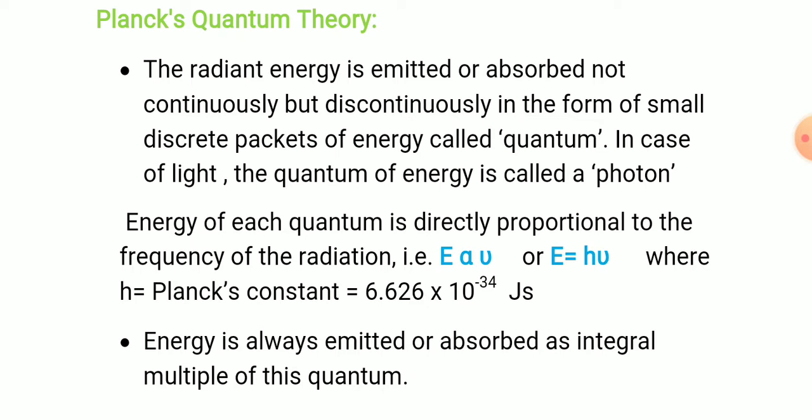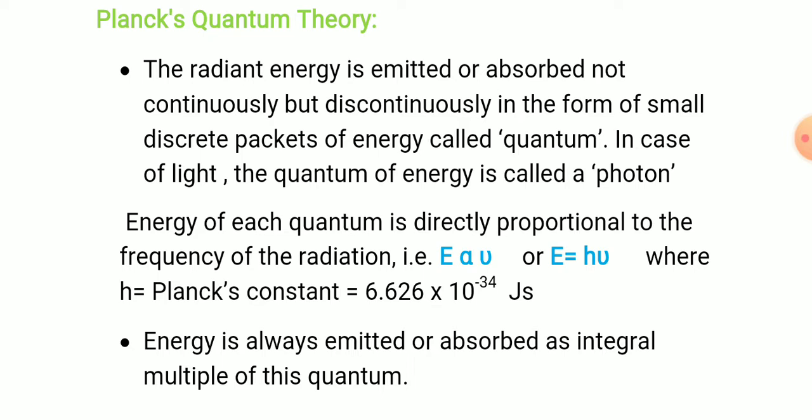But Planck told that radiant energy is emitted or absorbed discontinuously in the form of small discrete packets of energy called quantum. And in case of light, the quantum of energy is called a photon.